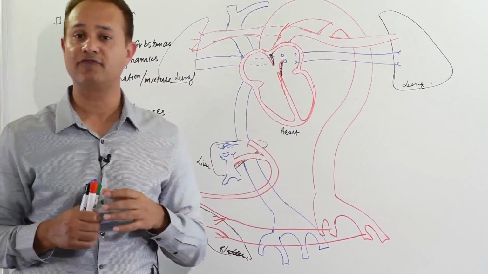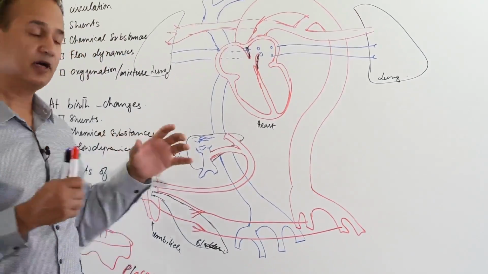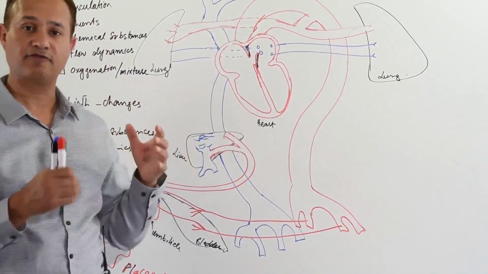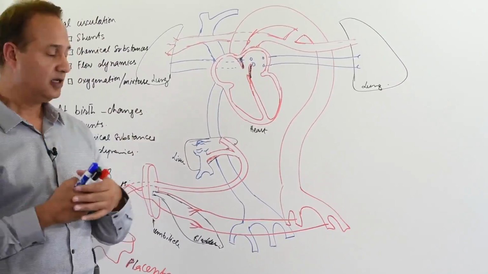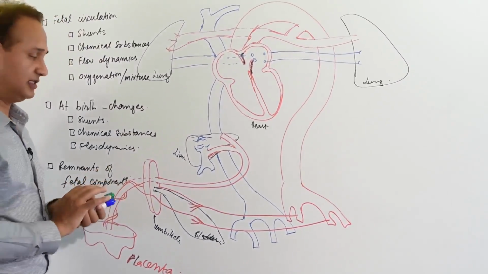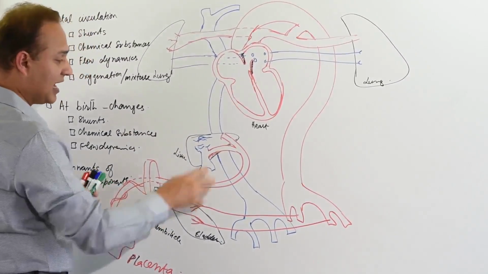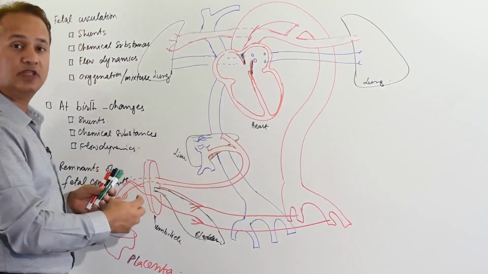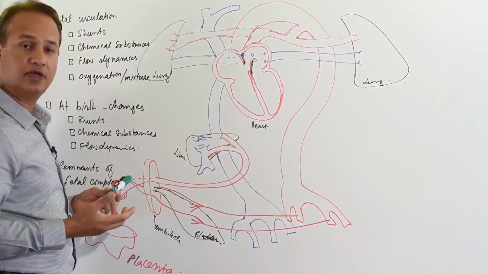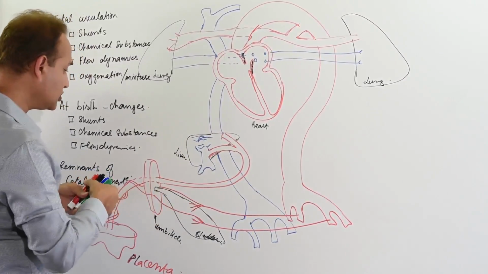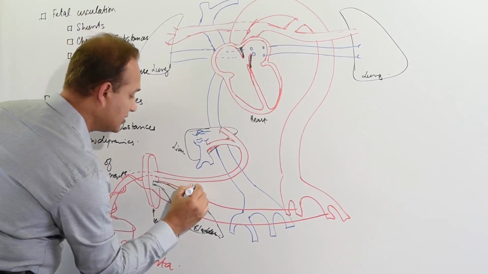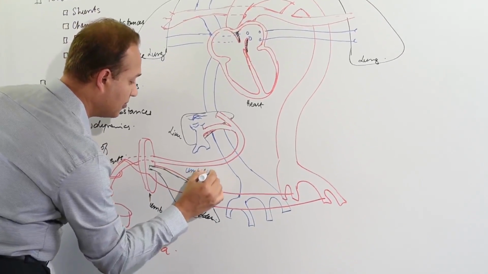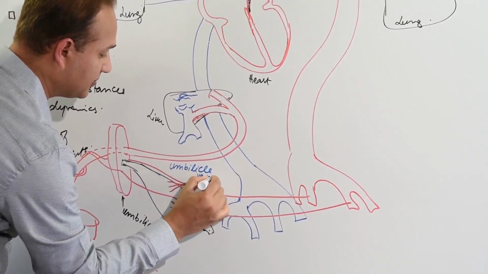Before the fetal circulation, let's talk about the differences of a fetus's cardiovascular system compared to an adult. Let me mark those differences. Number one, the fetus has a connection with the maternal blood supply. That is the umbilical artery and vein.